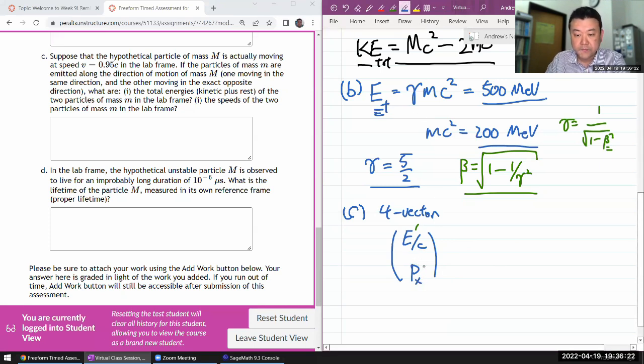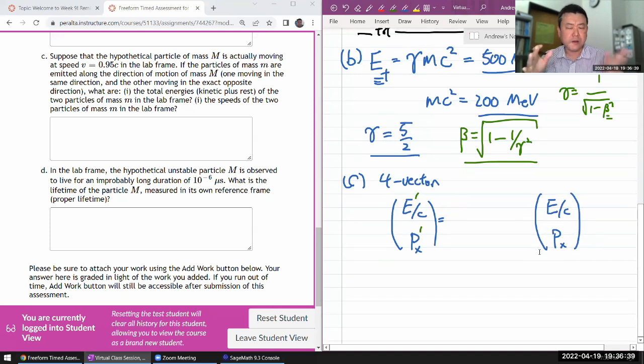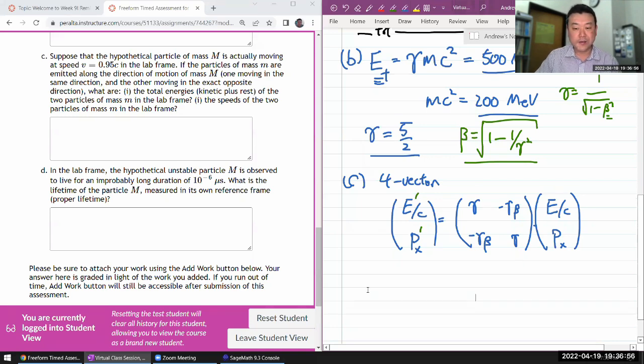If you want the values of energy and momentum in a Lorentz boosted frame, then all you need to do is take the energy and momentum in some original reference frame where you know their values already, and apply the Lorentz transformation. Gamma, minus gamma beta, minus gamma beta, gamma. If you know how to do matrix multiplication, then it's a rather simple calculation.